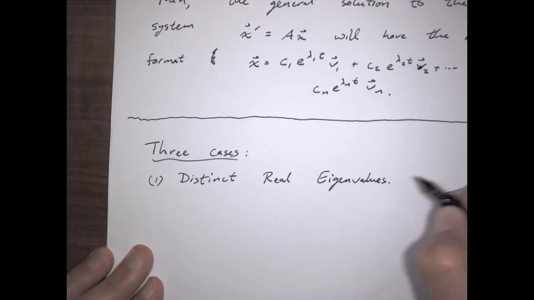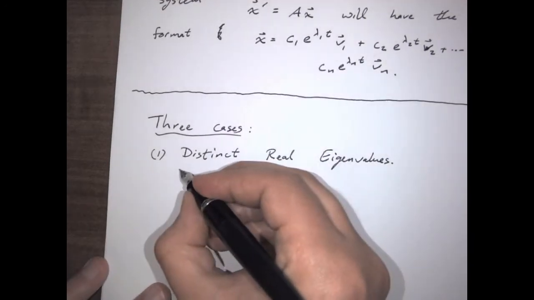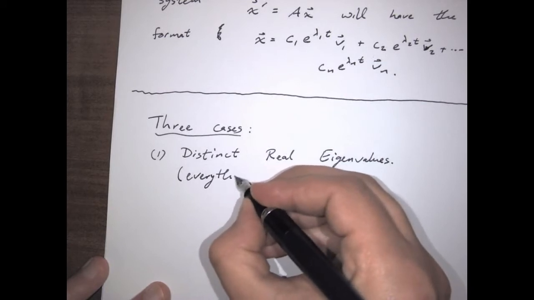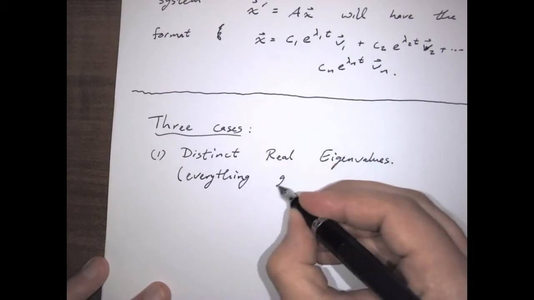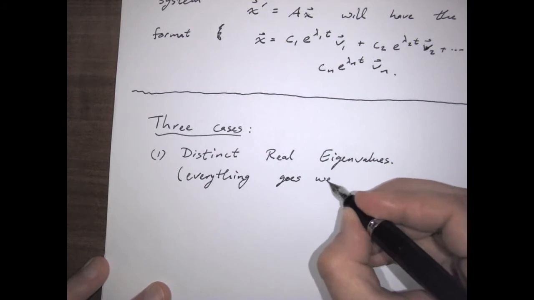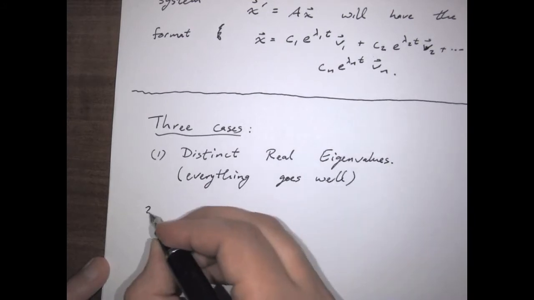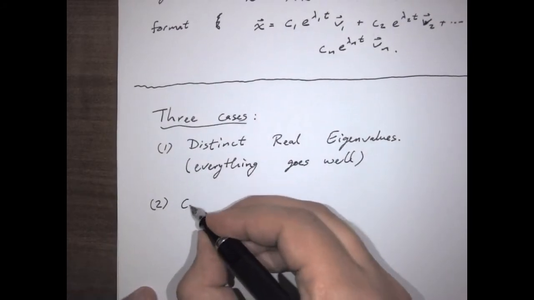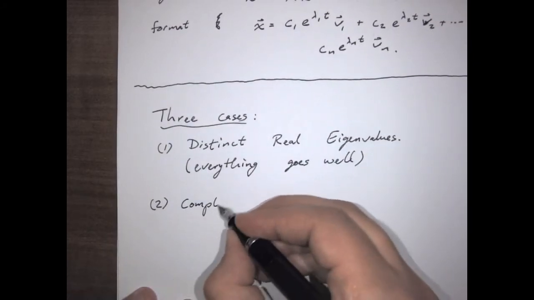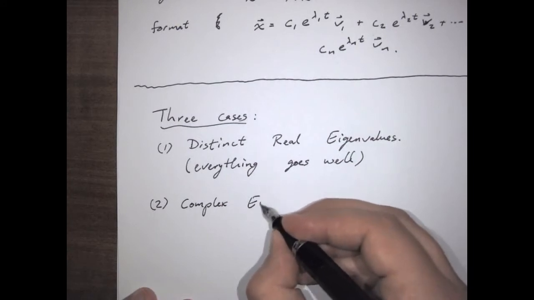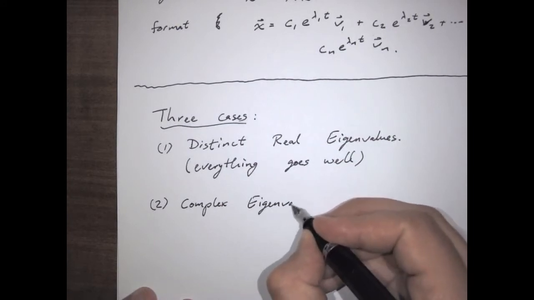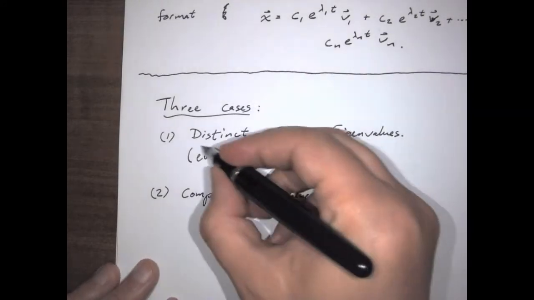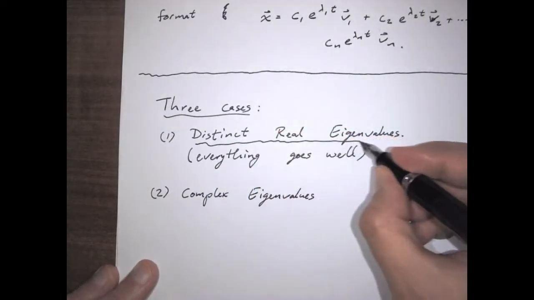In which case everything goes well. Second case is complex eigenvalues. As we'll see, this is a little bit harder, but it is still actually within our grasp.